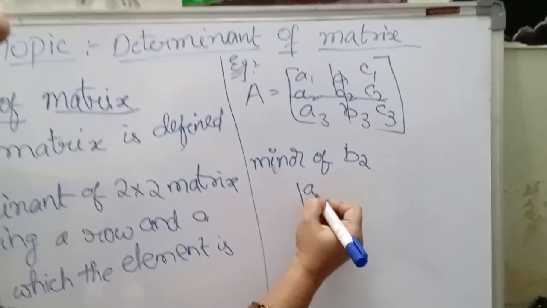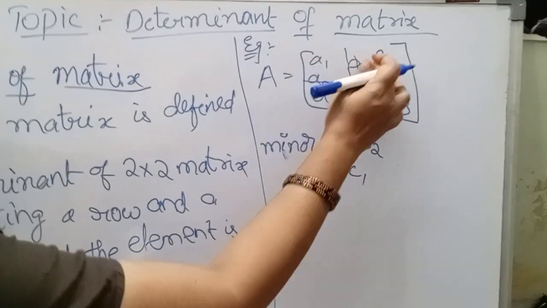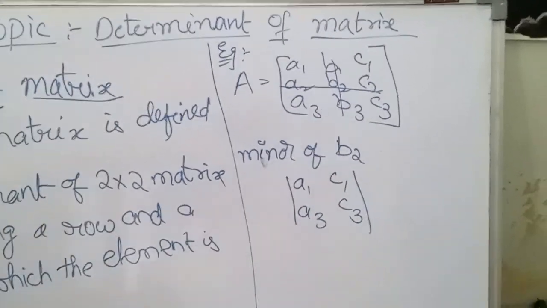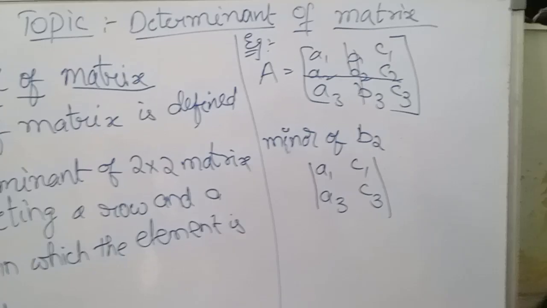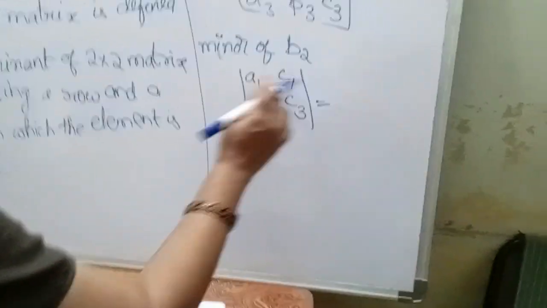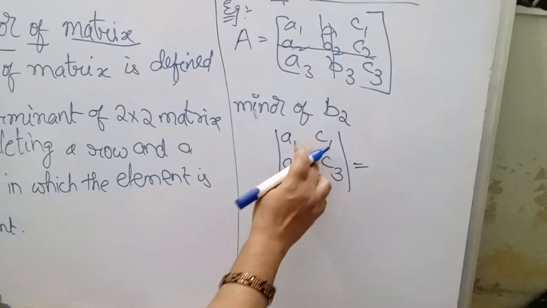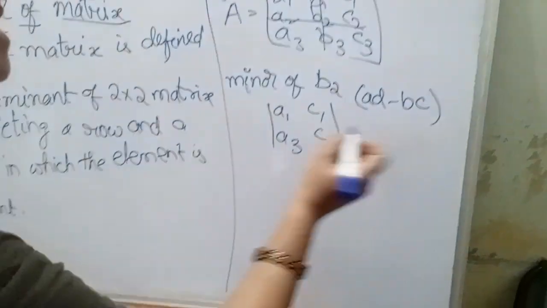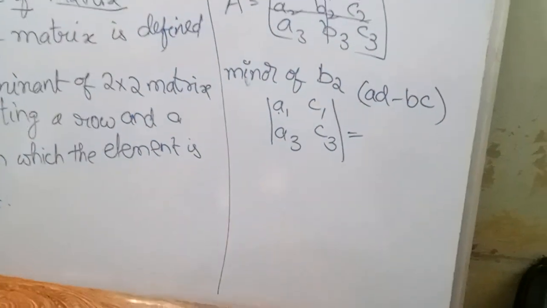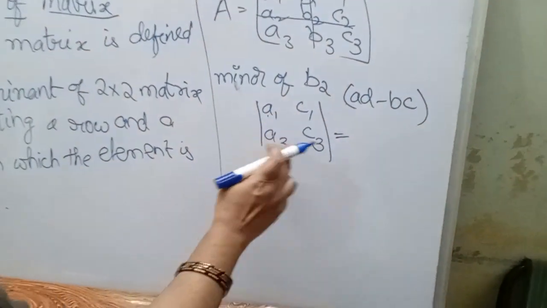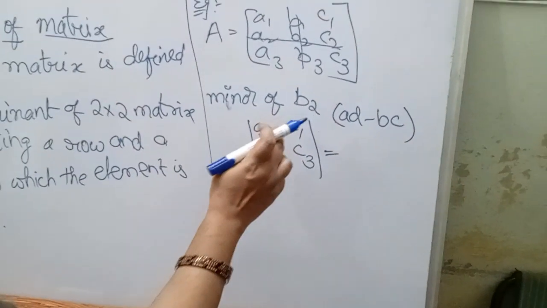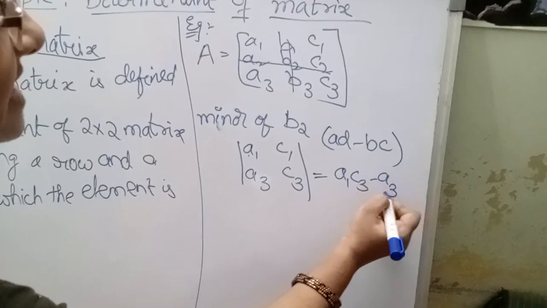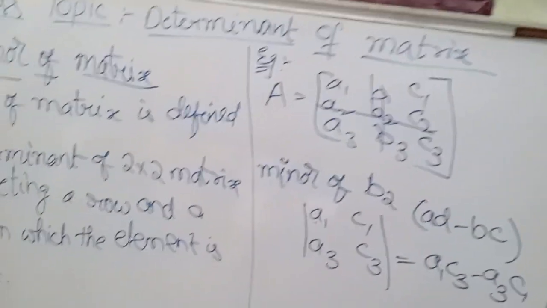What remains is a1, c1, a3, c3. For this determinant we write ad minus bc, so a1 c3 minus a3 c1. Like this we find the minor.